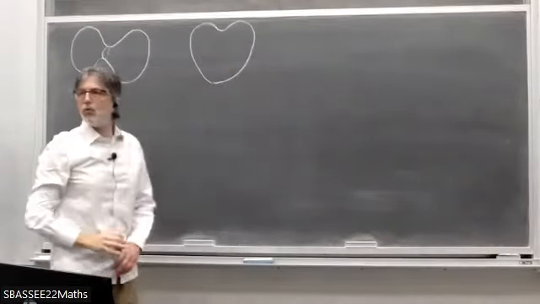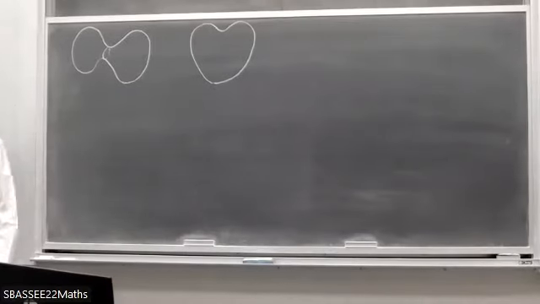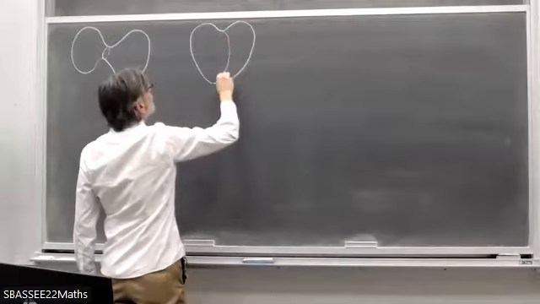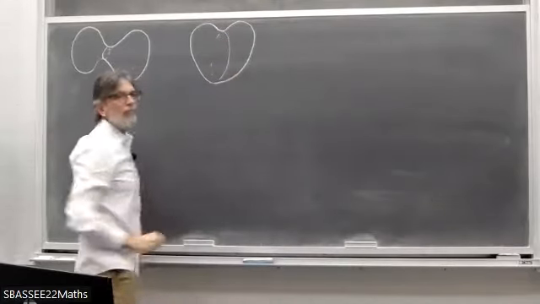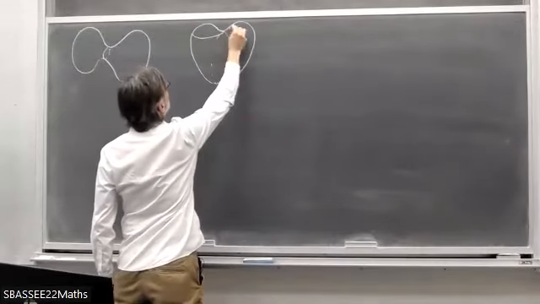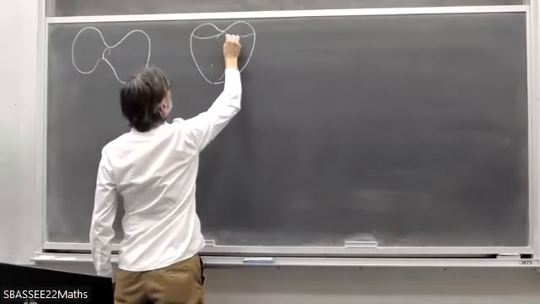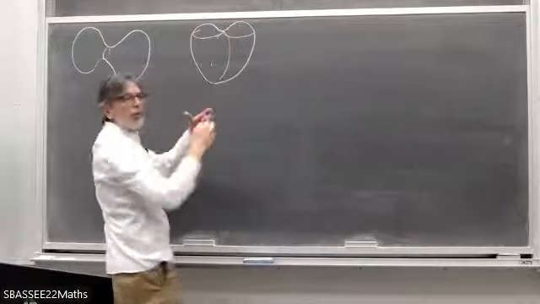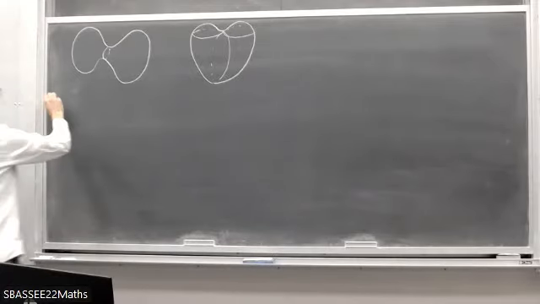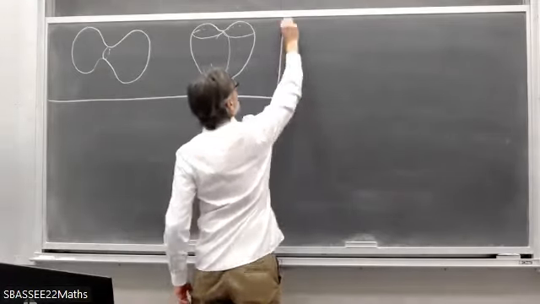Imagine that you rotate this heart. Here you would have this closed geodesic, but you also have a closed geodesic here, which is a sort of figure eight. Okay, these are pictures of spheres with closed geodesics.